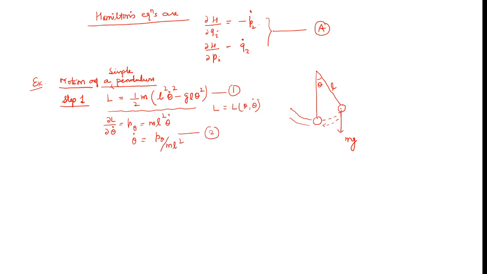So in this way I have found theta dot. Suppose my Lagrangian contains r, some coordinate r, then I'll try to find r dot. If it is containing any other coordinate, I'll try to find its corresponding velocity, because I have to substitute this theta dot in terms of momentum. So this is step 1, find the Lagrangian, and then find theta dot. In fact, this is step 2, that find theta dot. And now I'll define the Hamiltonian. So it is step 3, define Hamiltonian.